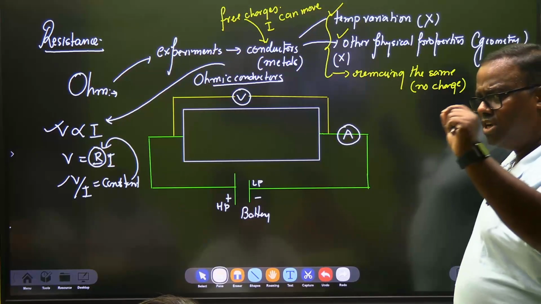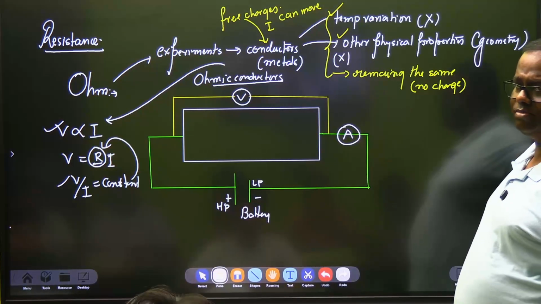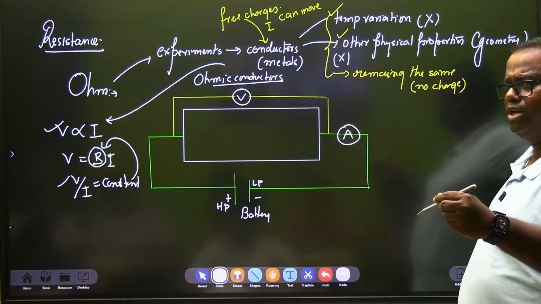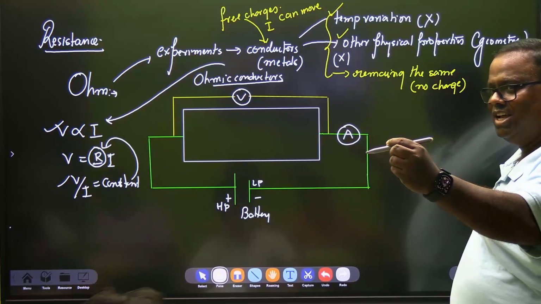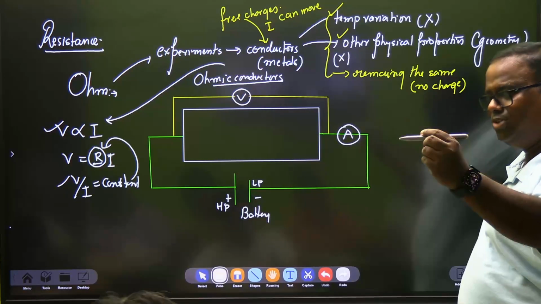So let's take a first-hand dip at the definition of Ohm's law. As soon as I said it, everyone's pen is ready. Ready?